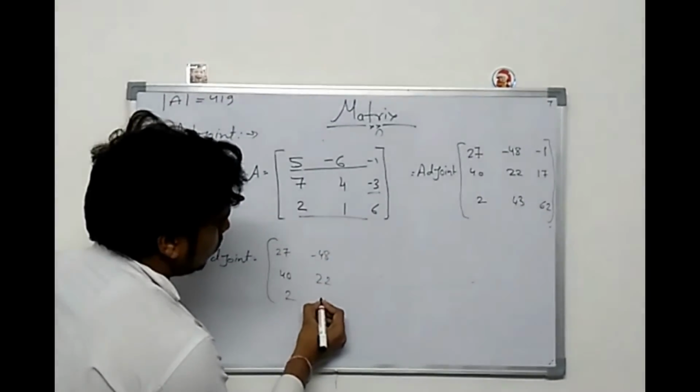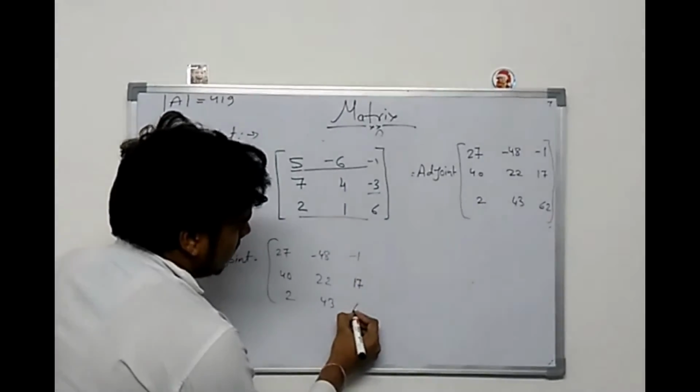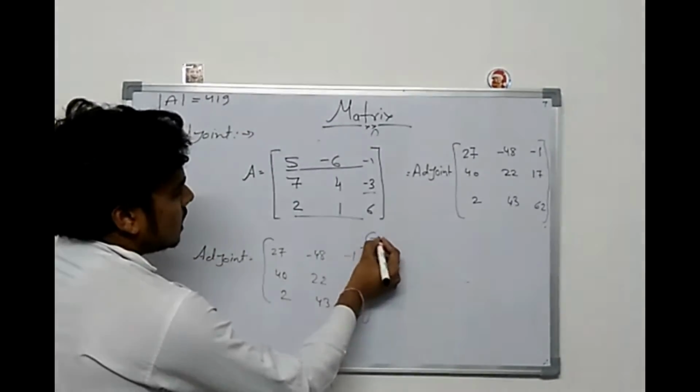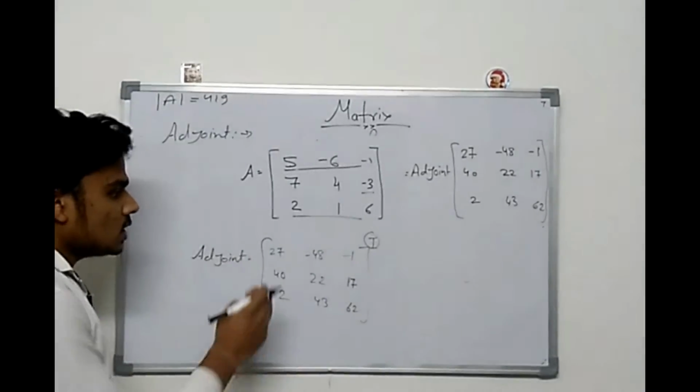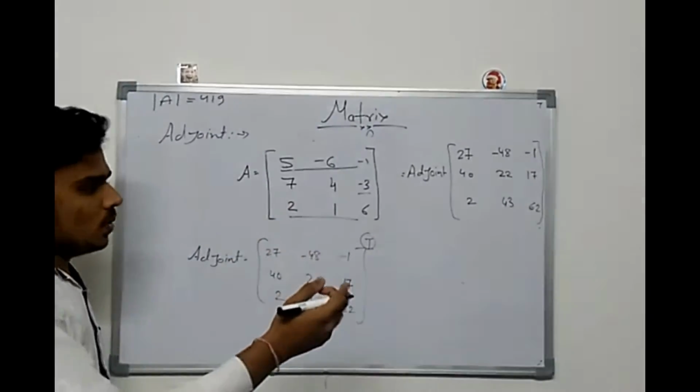These are the signs of the transpose. In this, rows change into columns, and columns change into rows.